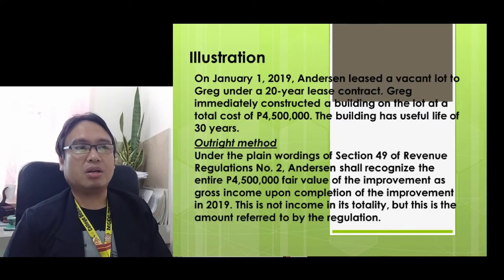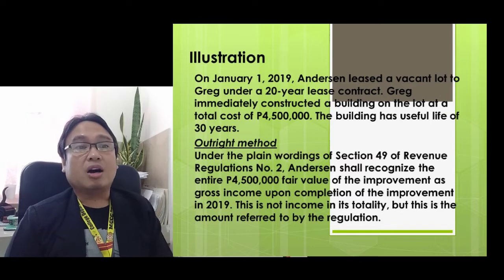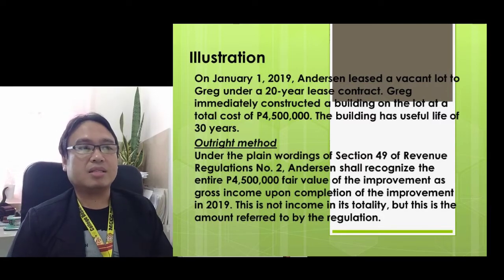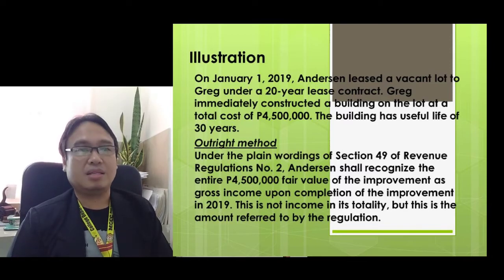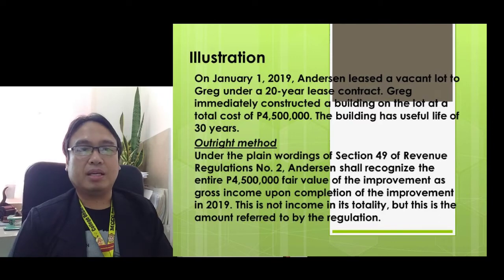Under the outright method, under the plain wordings of Section 49 of Revenue Regulation Number 2, Anderson shall recognize the entire 4.5 million fair value of the improvement as gross income upon the completion of the improvement in 2019. This is not really income, it is the totality, but this is the amount referred to by the regulation.